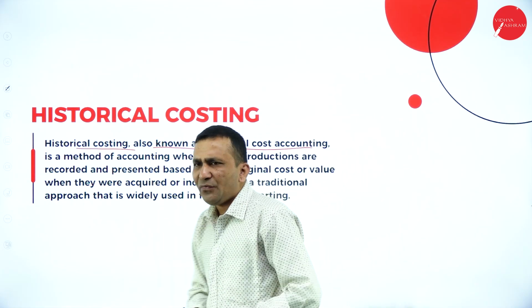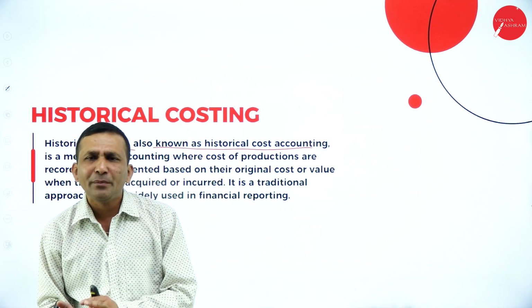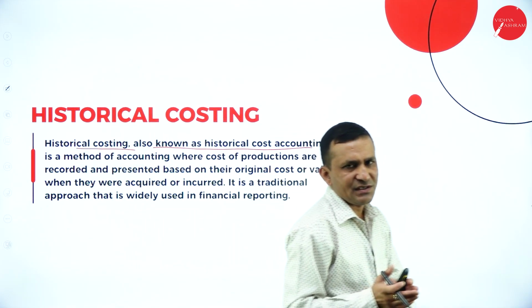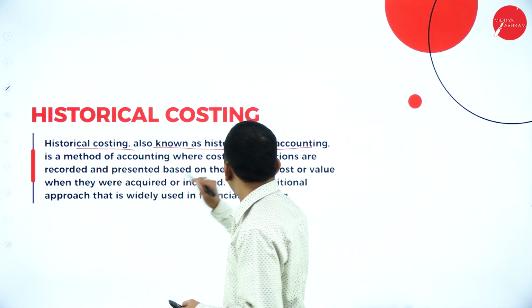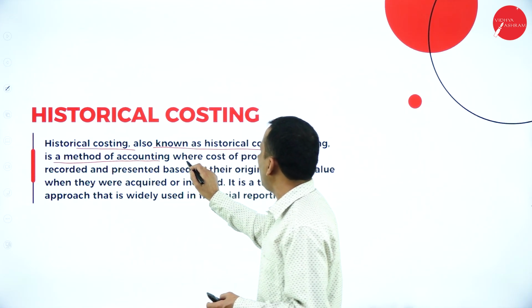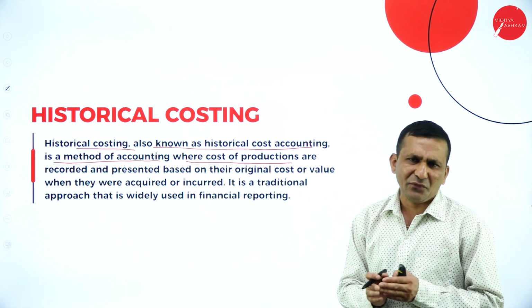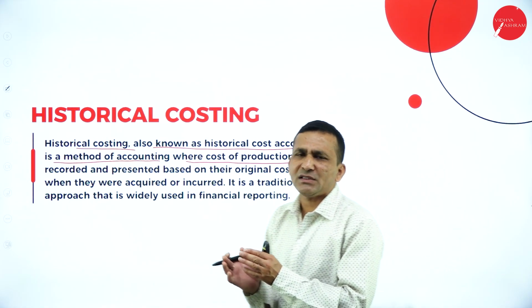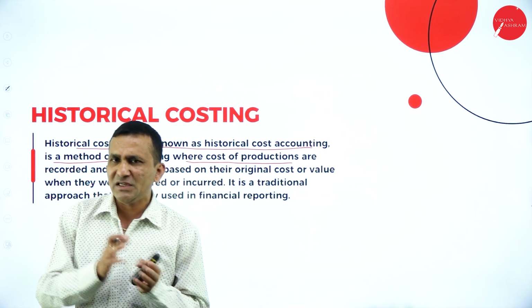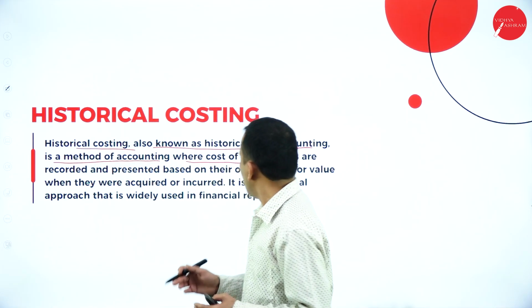With only the historical cost, we are not able to compare the performance or efficiency, okay. It is a method of accounting where only the cost of productions is focused on, okay. So we don't get more clarity about the performance when using historical cost, okay.